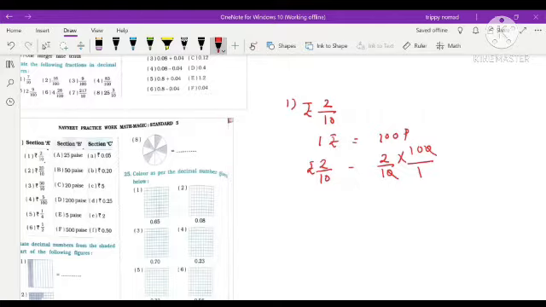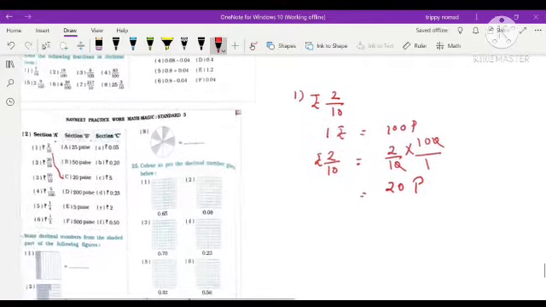That means cut the zeros, 20 paise. So we will match 2/10 rupee with 20 paise in section B.